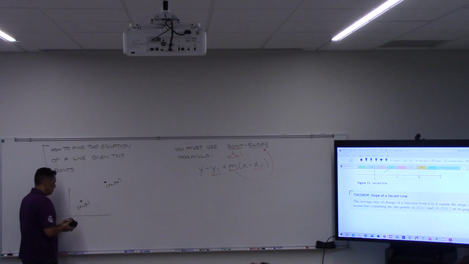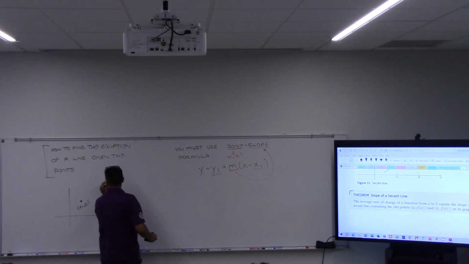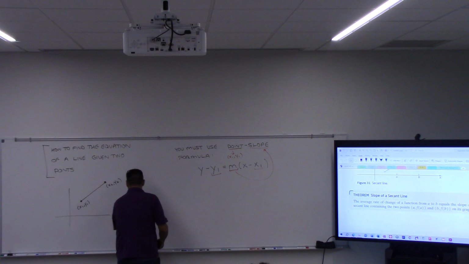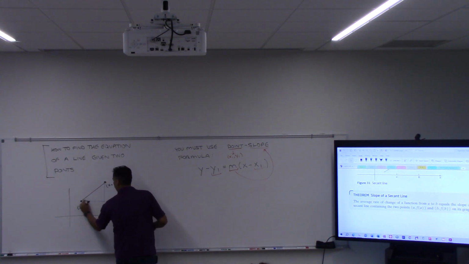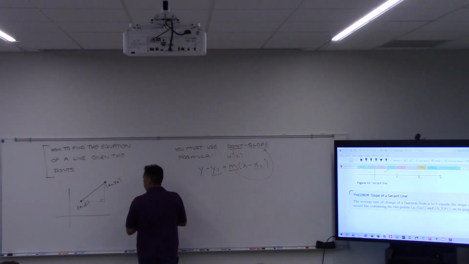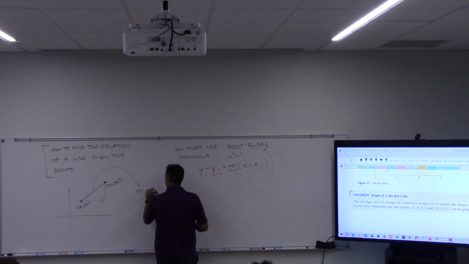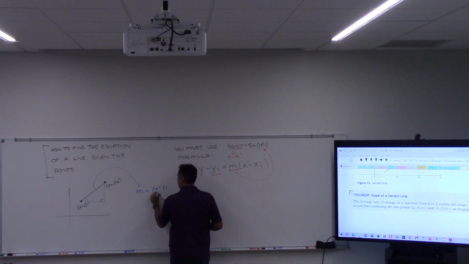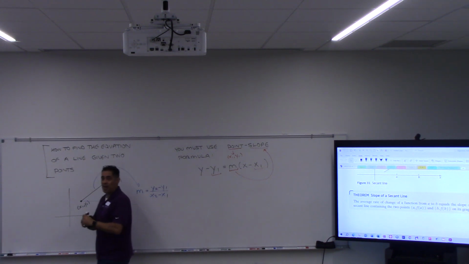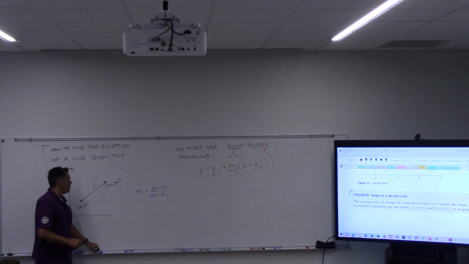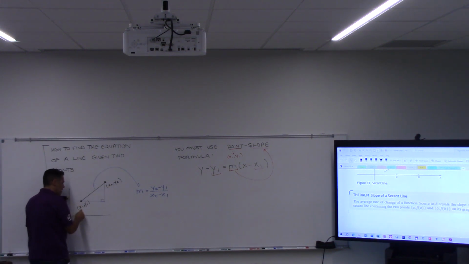We do the same thing we did before, rise over run. The slope of this line, we'll call it m, is y2 minus y1 over x2 minus x1, which is the exact same formula we just had a second ago. We're taking this, subtracting this, and dividing by this, subtracting this.